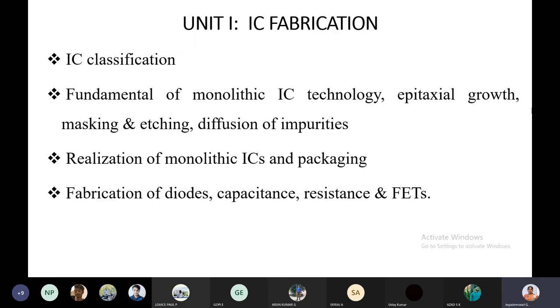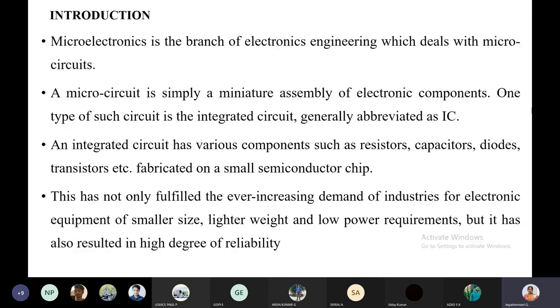First is the introduction. Before going into this IC, we know what electronics is, right? Can anyone tell me the meaning of electronics? Since our program is electrical and electronics engineering, can you please differentiate these two, electrical and electronics?